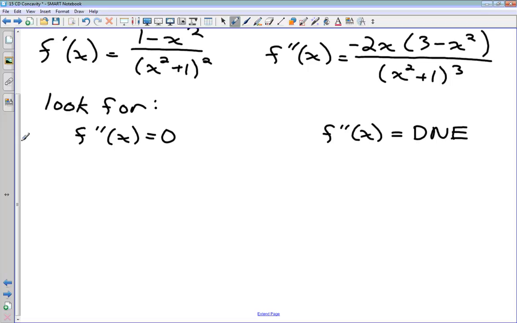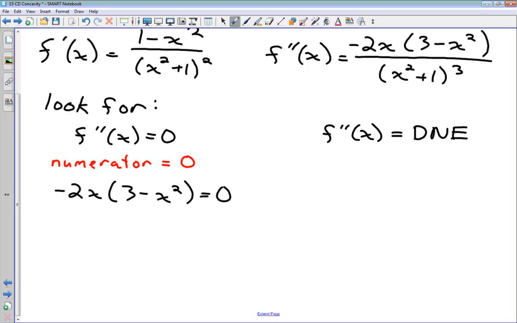So where does the second derivative equal 0? Well, it's going to equal 0 where the numerator of our second derivative is equal to 0. So let's set our numerator equal to 0: negative 2x times (3 minus x squared) equals 0. This is already factored for us, so we want to take each of these factors and set it equal to 0.